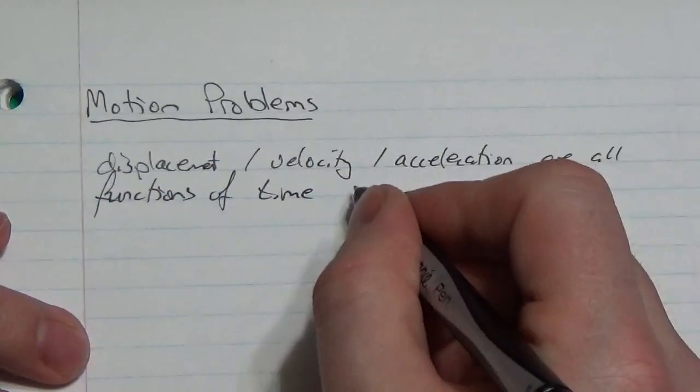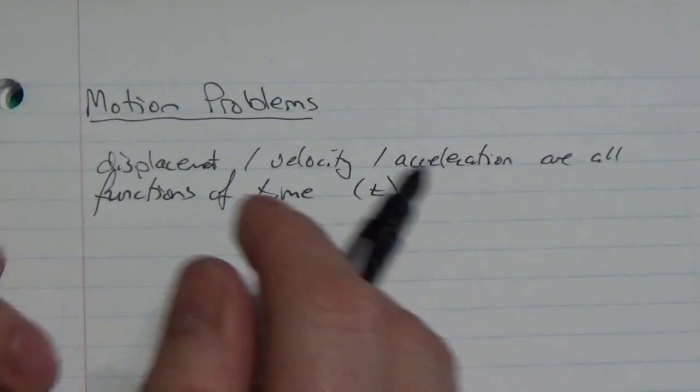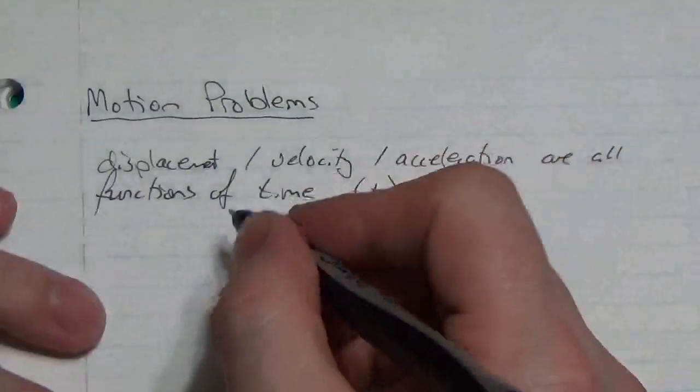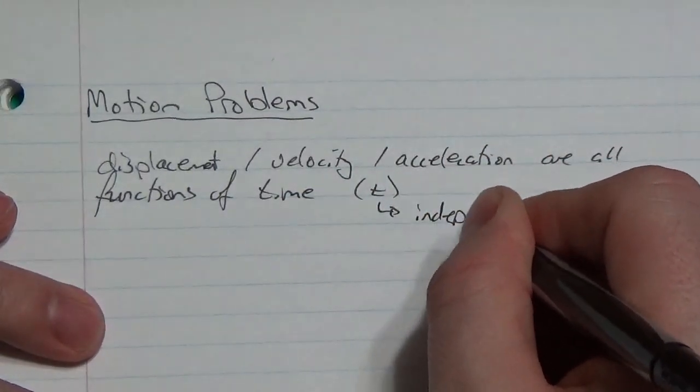Okay, they are all functions of time, so the variable t. This is the independent variable when we're doing this work right here. It's so important to remember that. T, this is the independent variable.